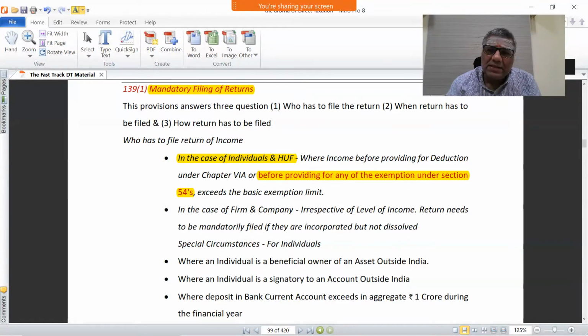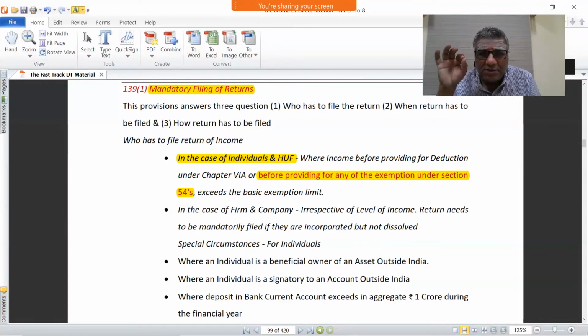But before claiming exemption, my income was more than the 250 basic exemption limit. So I am liable to file my return. So in the case of individuals and HUF, if gross total income before claiming 54 exceeds the basic exemption limit, you need to file return.